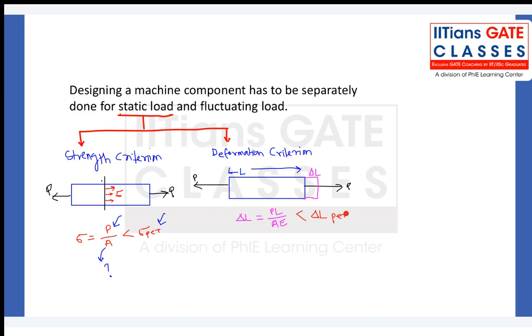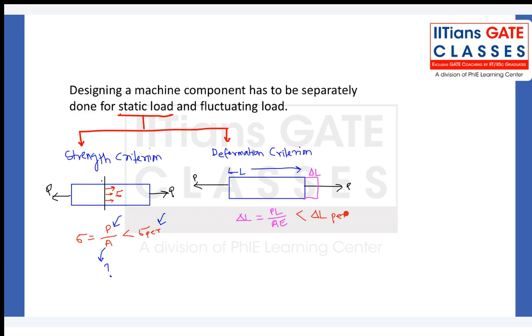All the components will be subjected to some amount of load. Because of the load, these components will deform. Some will have elongation, some will have contraction, some will have bending, all different types of deformations.